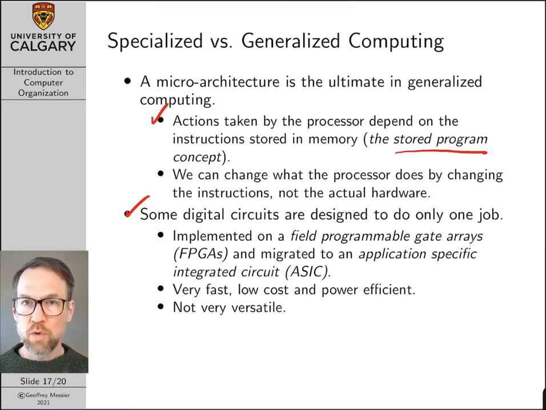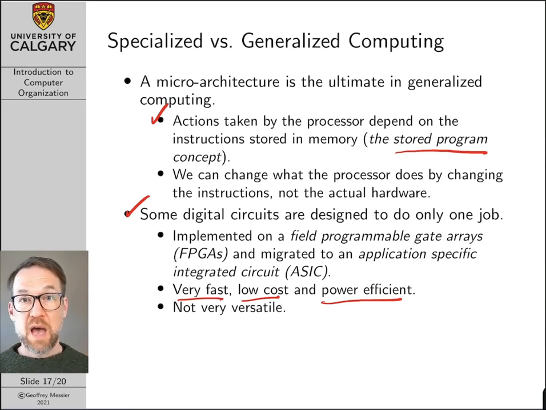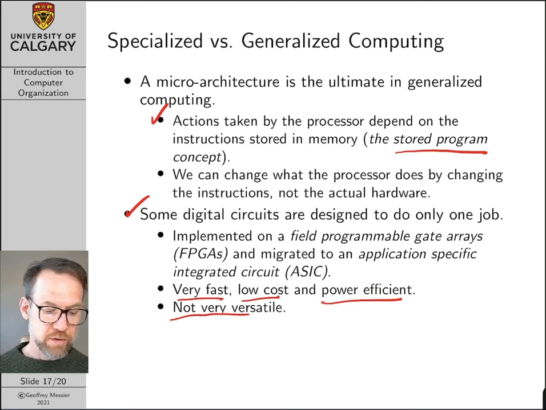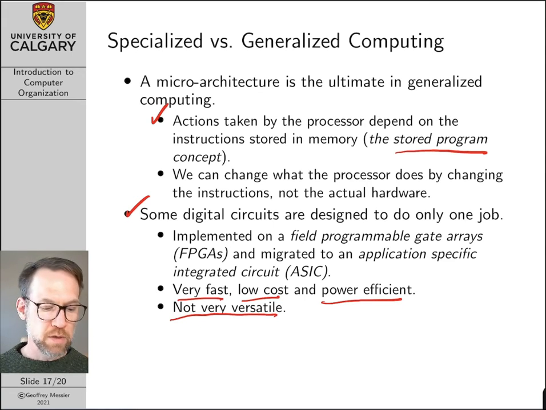This is just a whole bunch of chips that are stamped out with very specialized static digital designs on them. These kinds of ASICs are very fast, they're very cheap, and they're very power efficient. However, they are not very versatile. Again, once you build a chip to decode Wi-Fi signals, that chip can basically only do one thing.